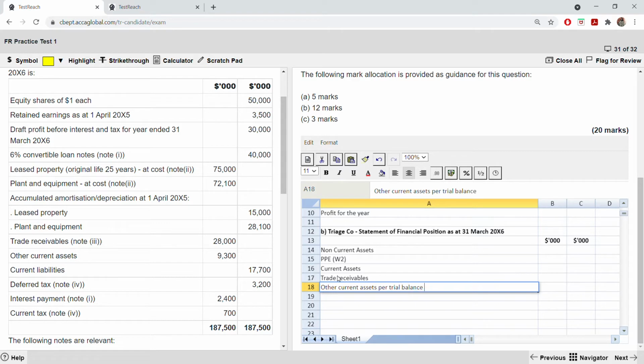There are no adjustments to do with this. You can put it as it is, 9,300. Let us see whether you can copy paste it or not. Nope, you can't. So 9,300 can be written in the inside column, the first column. Next, trade receivable. A working is required, which we'll do later. After you take it, this will be known as total assets.